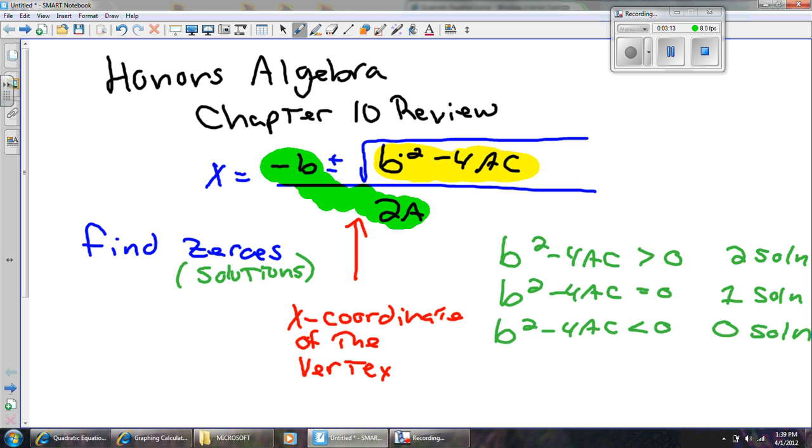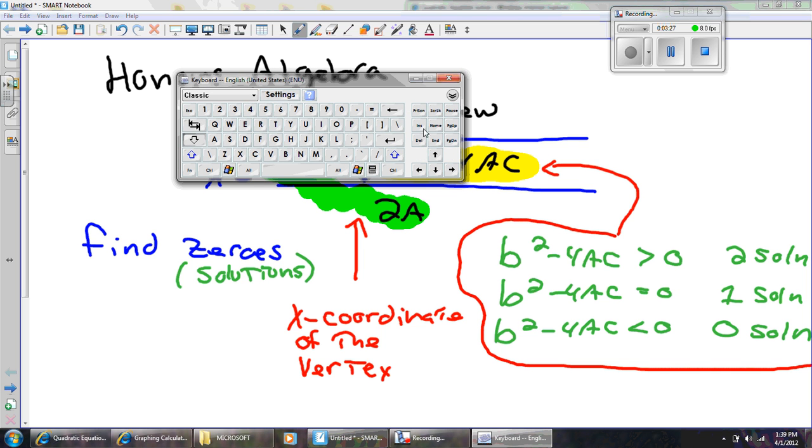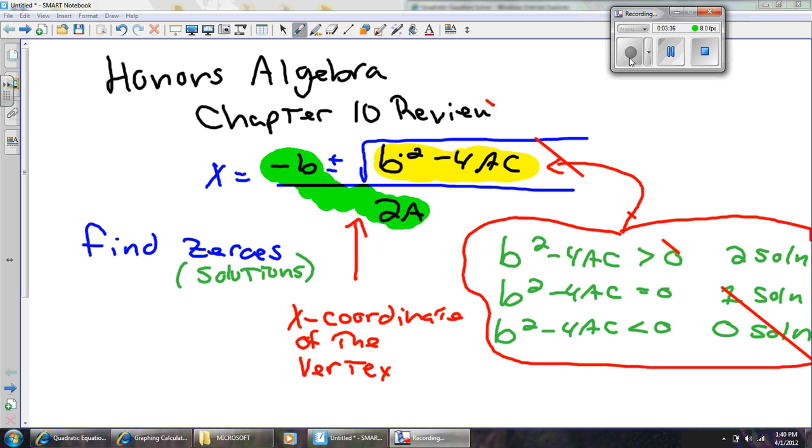We'll have to go look for it. There is a time when we might know, oh yeah, there's only one solution. The vertex is on the x-axis. And if that's the case, then we don't have to go and look for it. This is getting very interesting. There we go. Okay, there's a little cross out there that's unintentional.